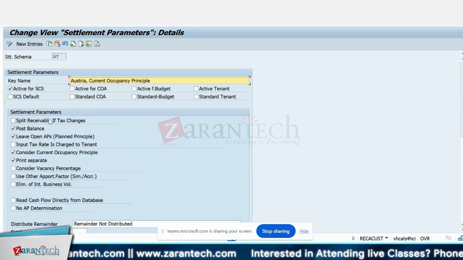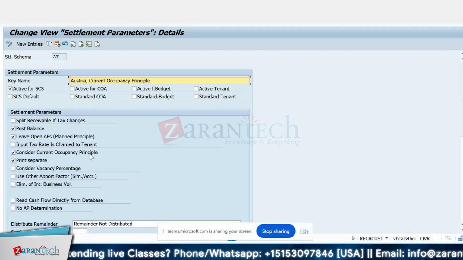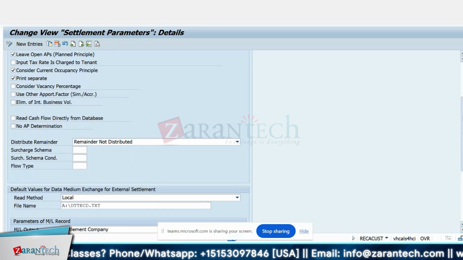Now settlement parameters: split receivables if tax charges, post balances, leave open AP, planned principal, input tax rate is charged to tenant, considered current occupancy principal, print separate. So these are all the parameters which are available. Okay.